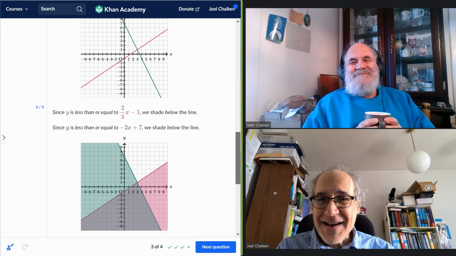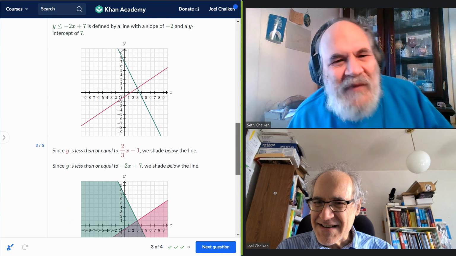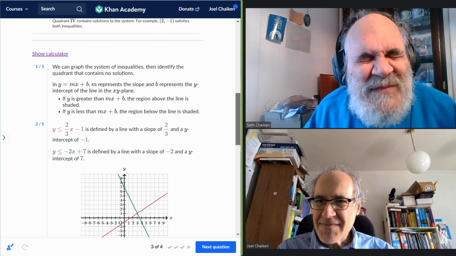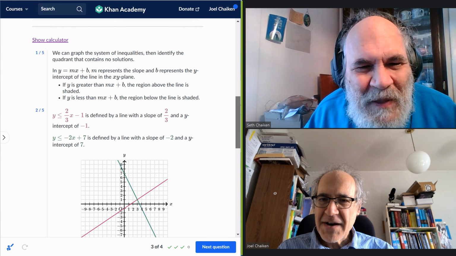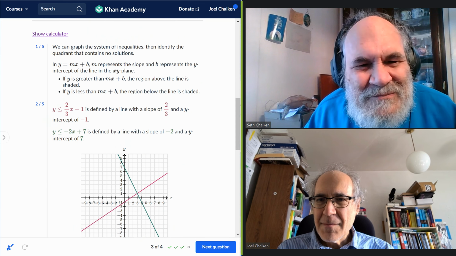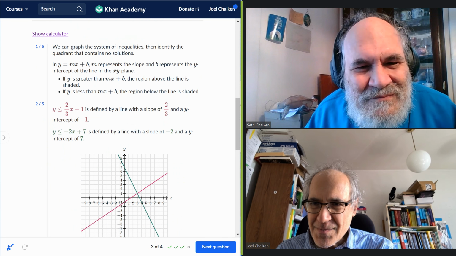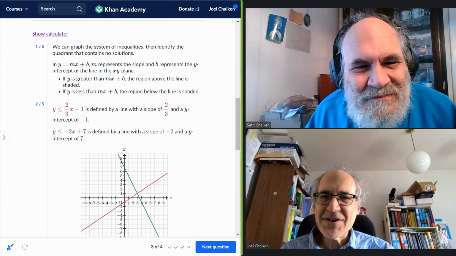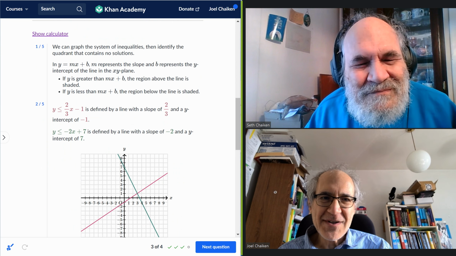They did use the graphic approach. They didn't say go to the calculator, though, did they? They didn't say explicitly go to the calculator, but of course they did the graphic approach. But wait, if you don't have graph paper, how are you going to do it? We can graph the system of inequalities, of course, if you have graph paper, but you don't have graph paper on the test.